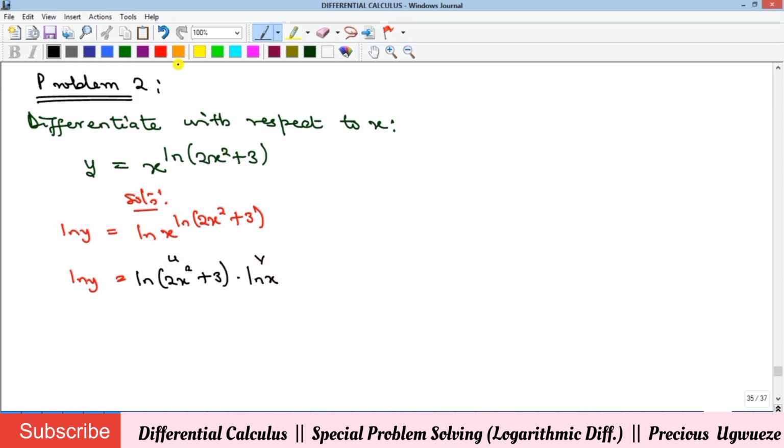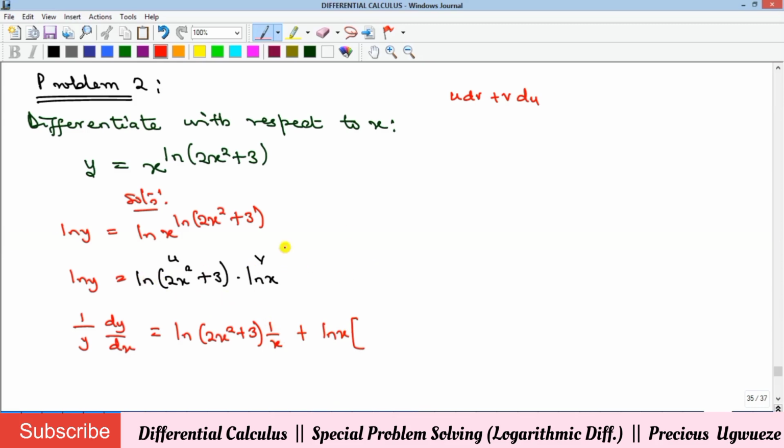So if we differentiate what we have, we are going to have 1 all over y dy dx, and that's equal to, now remember the product rule, u dv plus v du. So we are going to have u now, which is ln of 2x squared plus 3, then multiplied by the derivative of v, which is going to give us 1 over x, and that is plus the v, which is ln x, multiplied by the derivative of this.